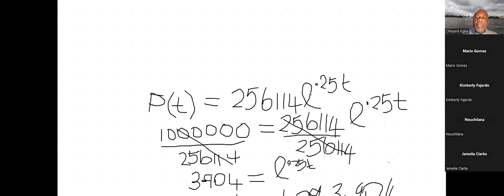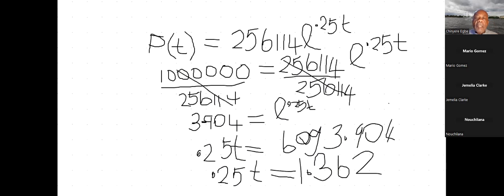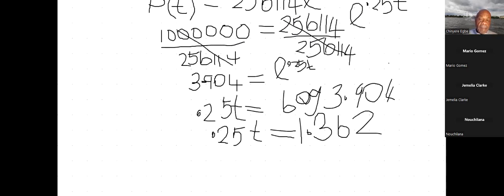And because we're using E, we use the natural log, not the log to base 10. If you see where you say log, that is a log to base 10. Log has two bases, and both of them will give you the same answer if you are using both on the same thing on both sides. But we're using E here, so we're using log to base E, which is called a natural log.